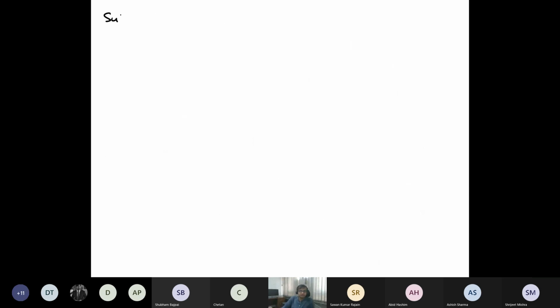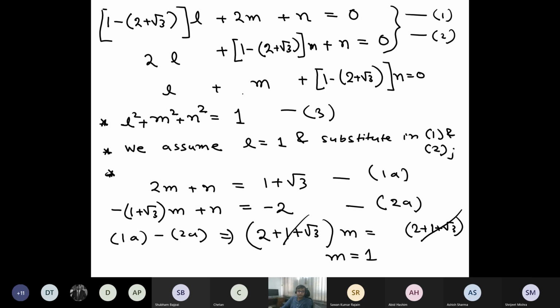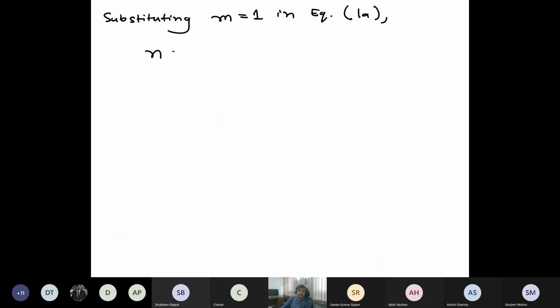So substituting m equal to 1 in equation 1a, we want to find out n. So n is equal to 1 plus root 3 minus 2m, which is equal to root 3 minus 1.